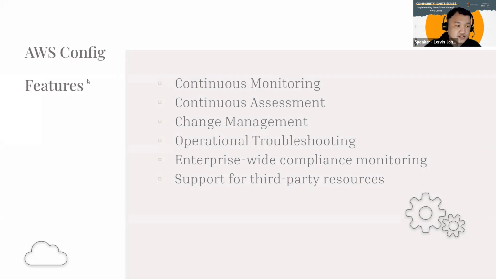So here are the features and also the use cases for AWS Config. We have continuous monitoring. When we say continuous monitoring, once AWS Config is set up, all of the configuration on your AWS resources will be monitored 24/7. Not only that, all the configuration are being stored as well.